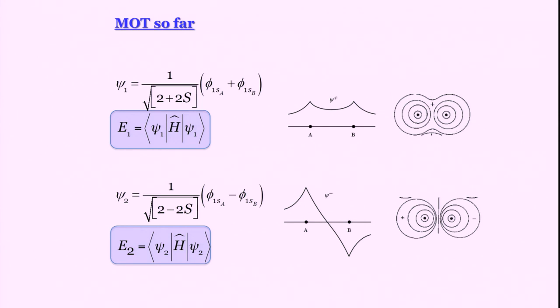With these what we can try to do is that we can try to find the values of the energies, and remember the best we can do now is we can try to find expectation values of the energies, because these wave functions are not eigenfunctions of this Hamiltonian. So, we will stop here and come back and work out the values of energies, expectation values of energies for bonding and anti-bonding combinations.